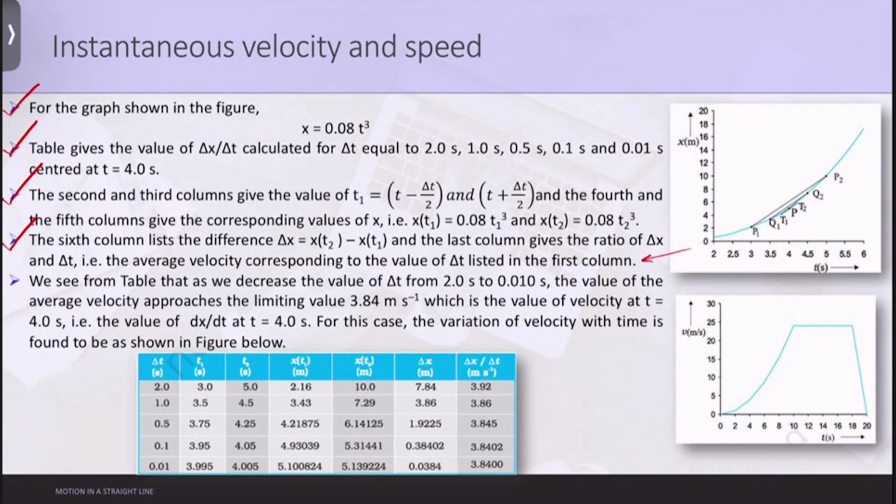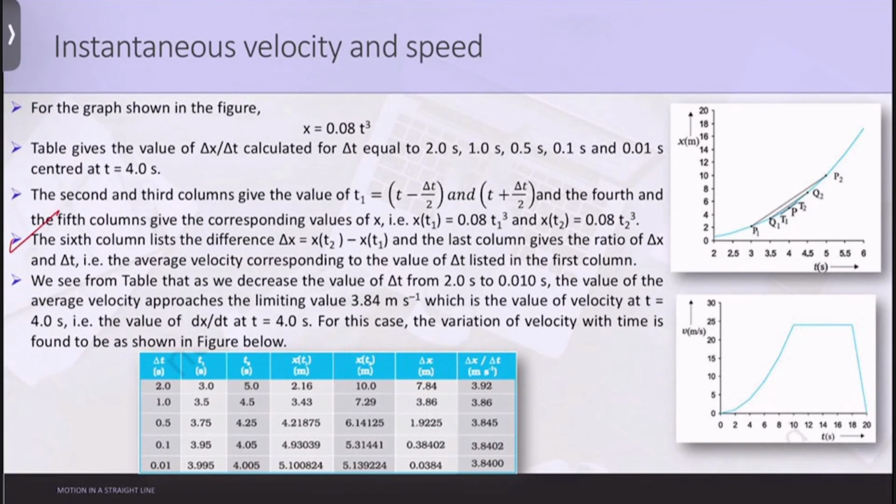Moving on, we see from the table that as we decrease the value of delta t, the value of the average velocity approaches a limiting value. As you can see, as we decrease delta t, the value is converging to 3.84. Okay, so that is the thing which we need to understand here.